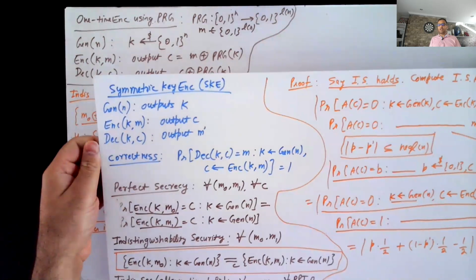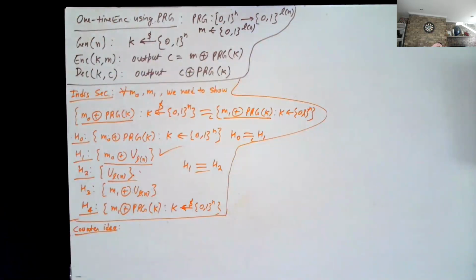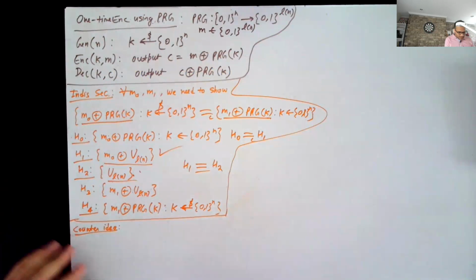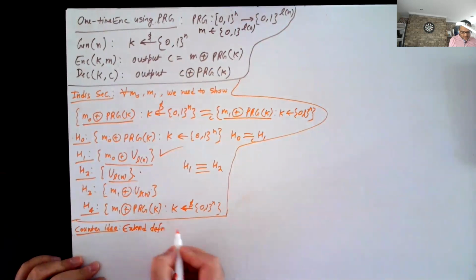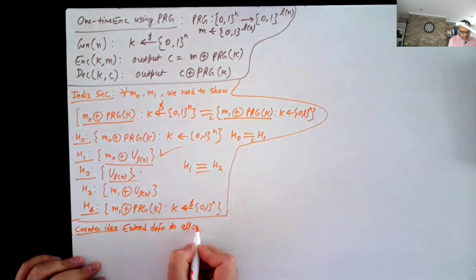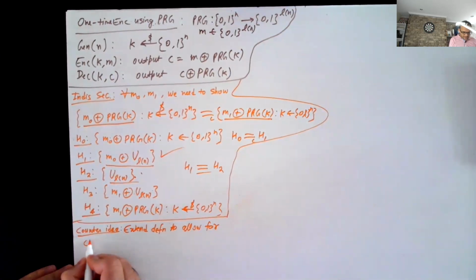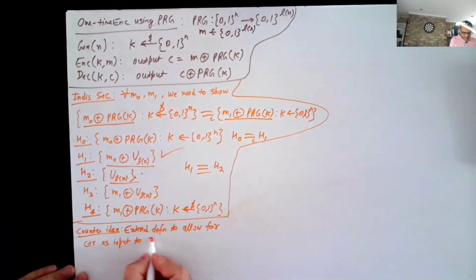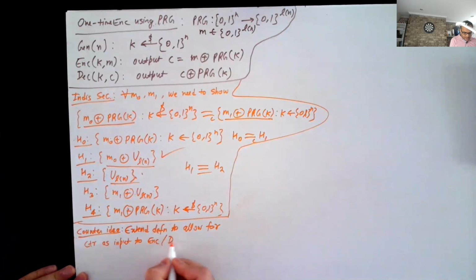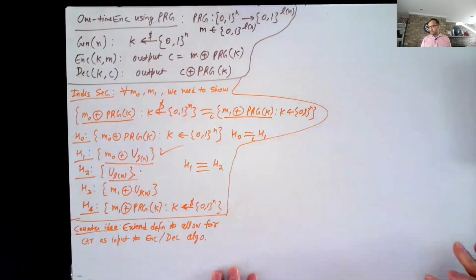It doesn't take as input any counter or any other type of state, right? So the counter idea is to extend the definition to allow for a counter CTR as input to encryption and decryption algorithms. Let me not write the full definition again.